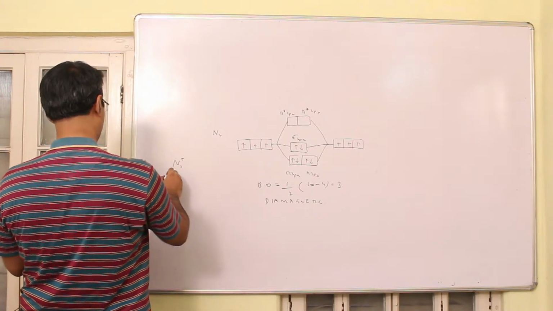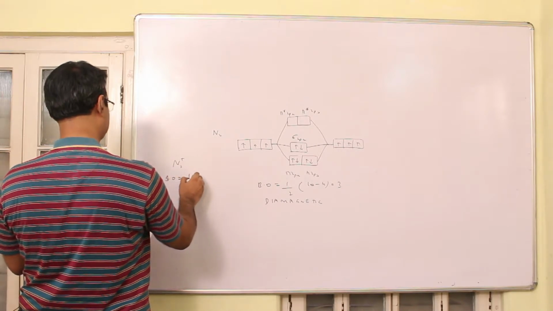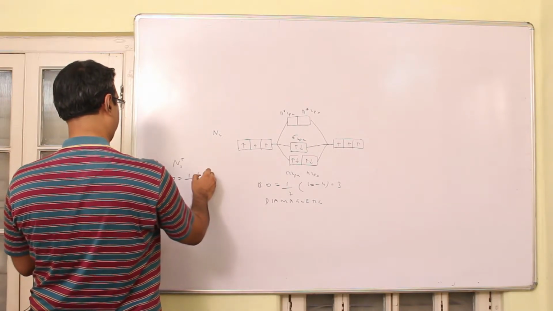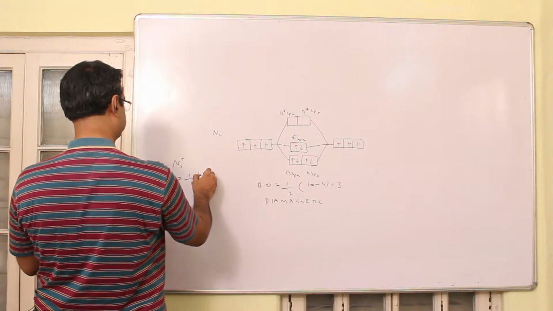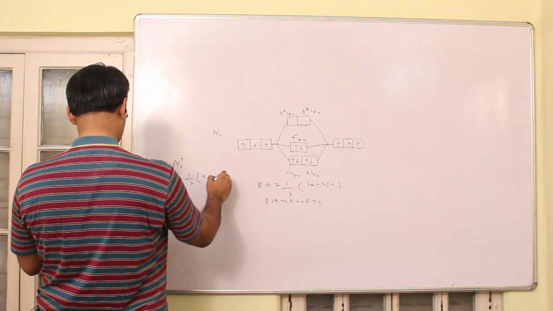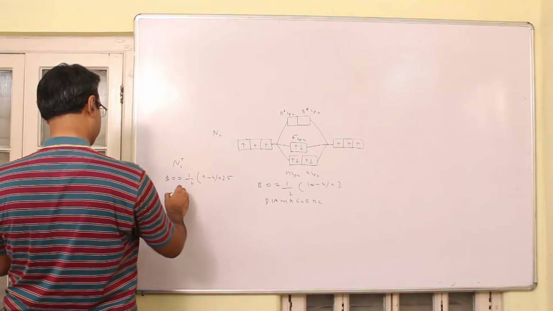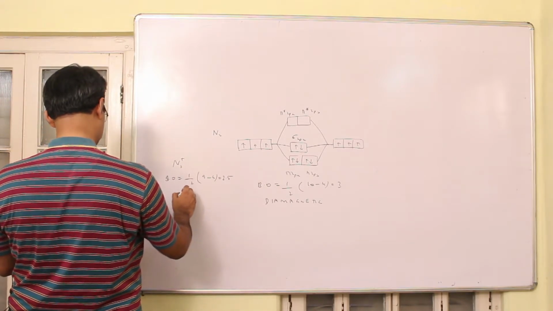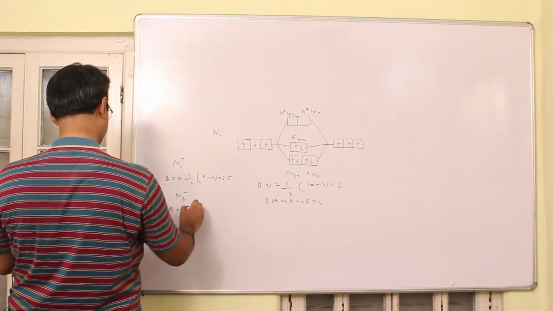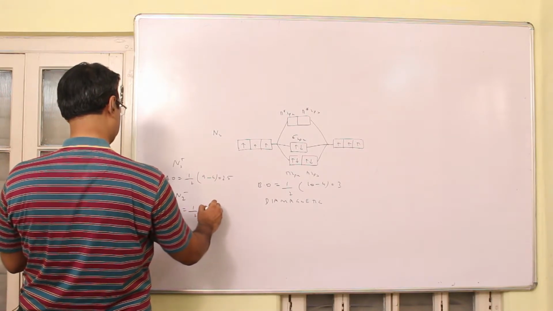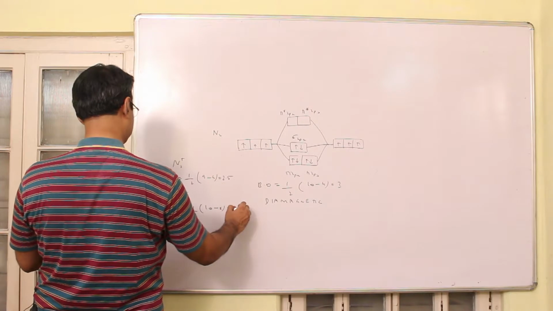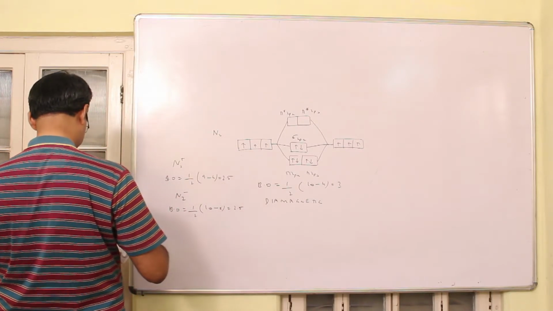Now, the bond order of N2 plus will be half of 9 minus 4, that is 2.5. Then let us have a look at N2 minus. So the bond order will be half of 10 minus 5, that is also 2.5.